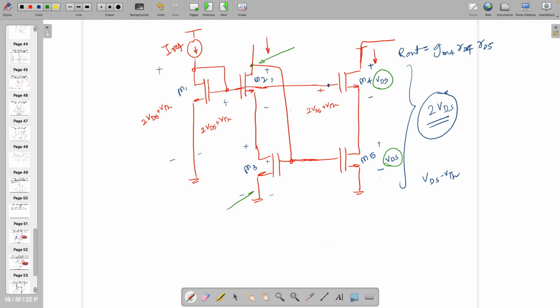One solution, somebody has told 2 VDS over here. If you want to keep 2 VDS, then you can make this depleted mode also and keep VDS. That is also possible. It is not shown, but there are multiple answers. Multiple things you can make depleted mode, and then you can run it.